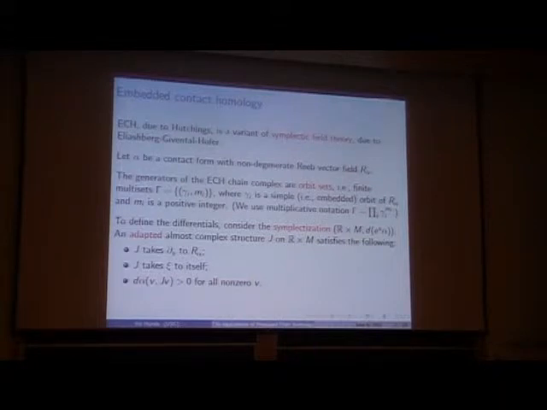Okay, and the generators of the ECH chain complex are orbit sets, namely finite multi-sets gamma consisting of pairs (gamma_i, m_i). This is a finite collection where gamma_i is an embedded orbit of the Reeb vector field, and m_i is some positive integer.